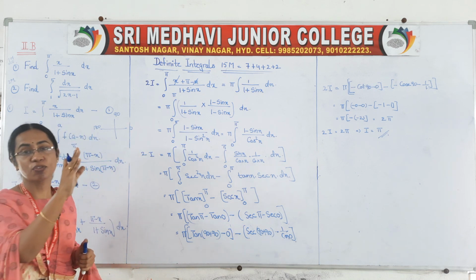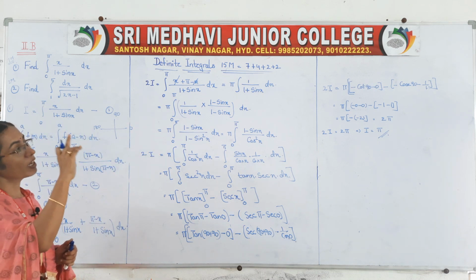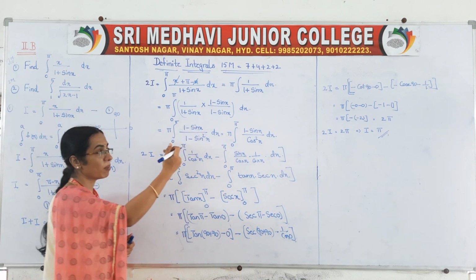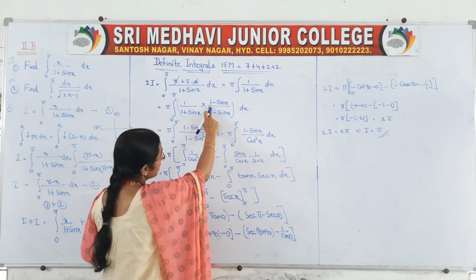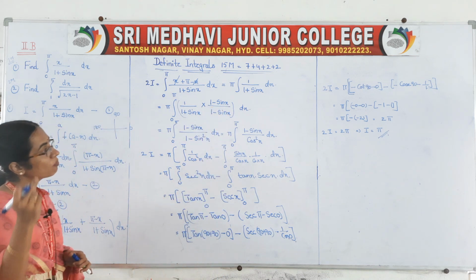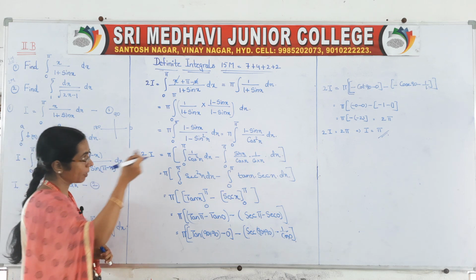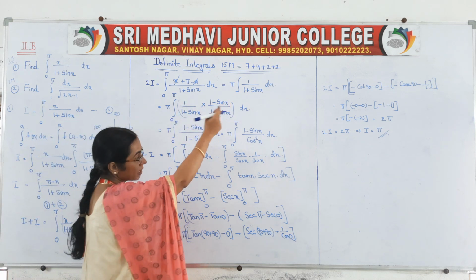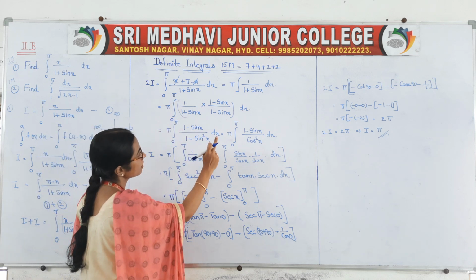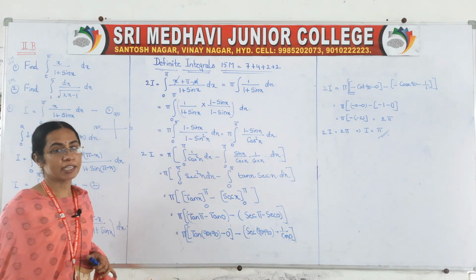There is no direct formula for the integral of 1 by 1 plus sin x. If it is not there, reduce it into standard form. How can we reduce? Multiply and divide with 1 minus sin x by 1 minus sin x. So upwards it is 1 minus sin x, 1 into that value, and downwards a plus b into a minus b, so it is 1 minus sin square x, which is cos square x.